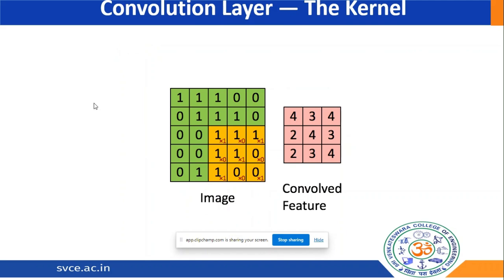In the given demonstration, the green section resembles our 5 cross 5 cross 1 input image. The element involved in the convolutional operation in the first part of a convolutional layer is called the kernel or filter K, which is represented in yellow.